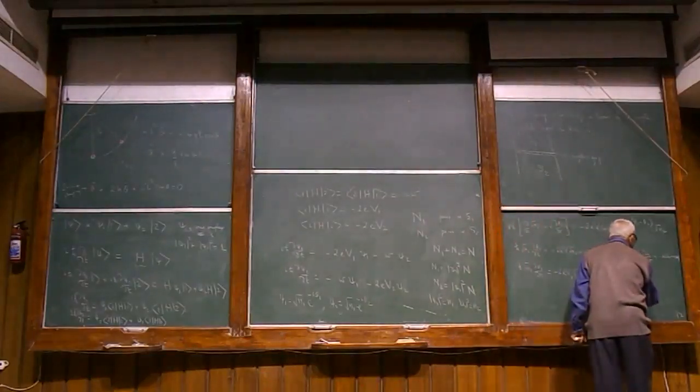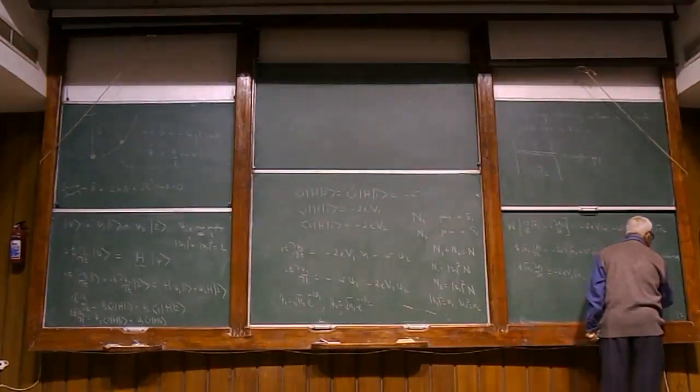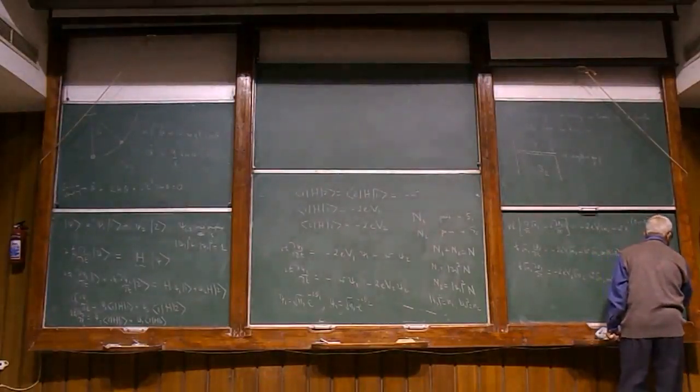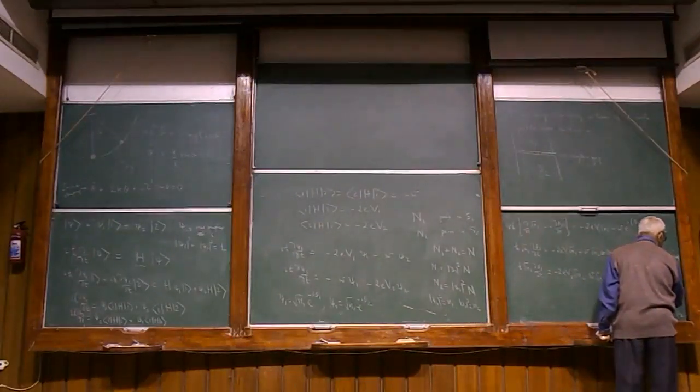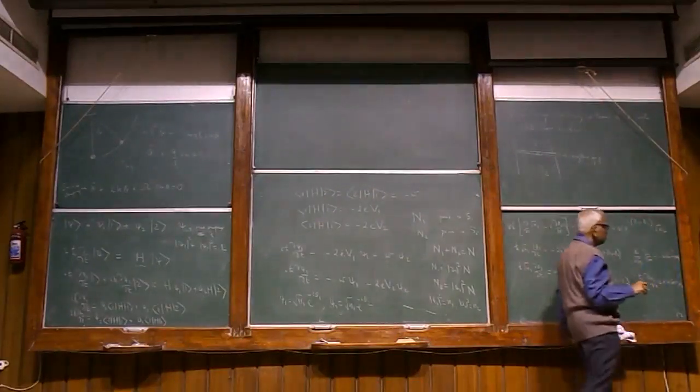And h bar over 2 square root of n2 dn2 dt is equal to minus w square root of n1. Now that's a plus, as theta 2 and theta 1 get changed, so sine of theta 1 minus theta 2.